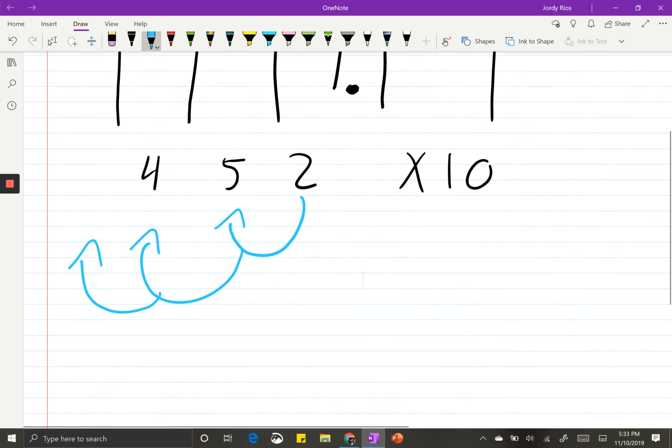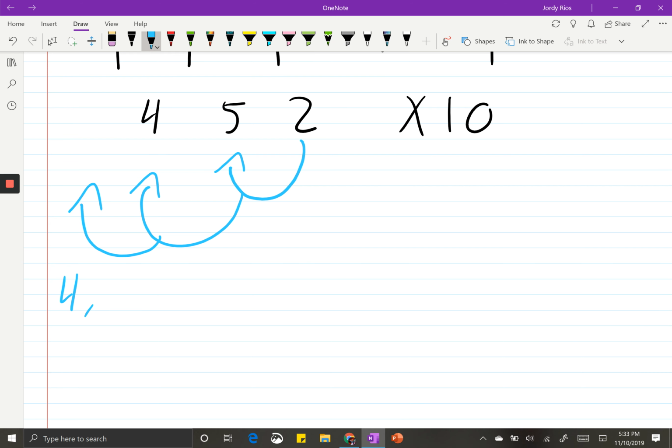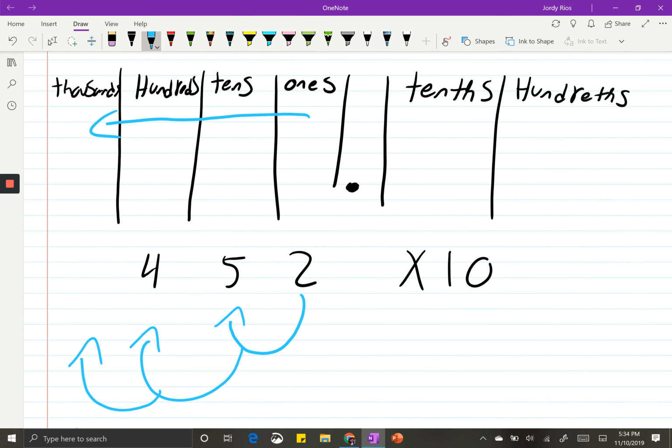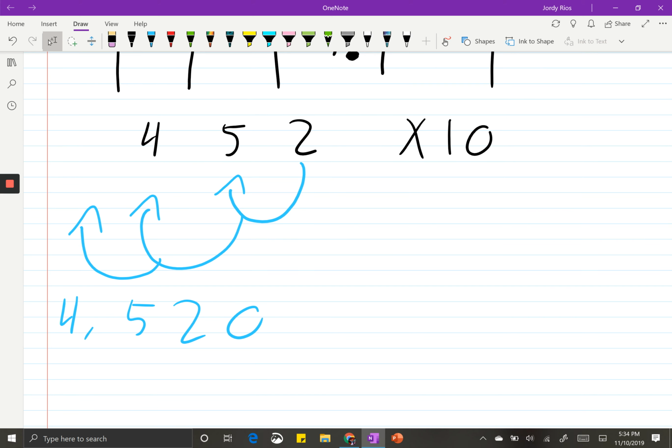So our new number would be 4,520 because everything got shifted over one time. Then we added a zero because of the 10, and that is our new number.